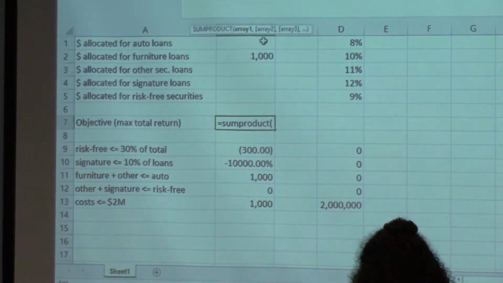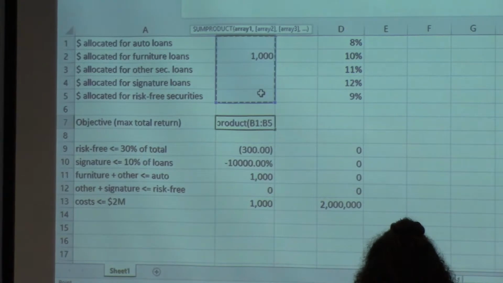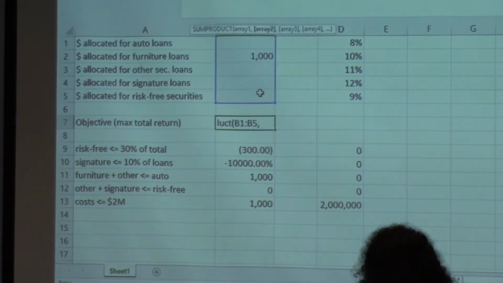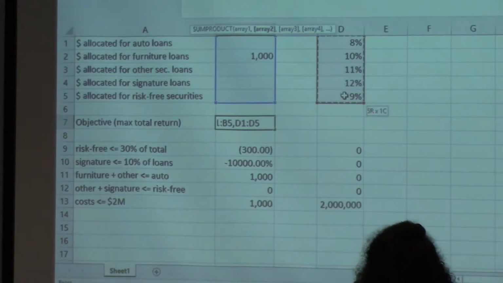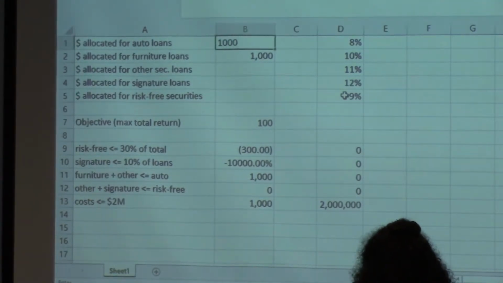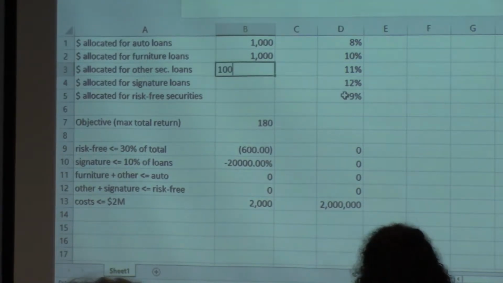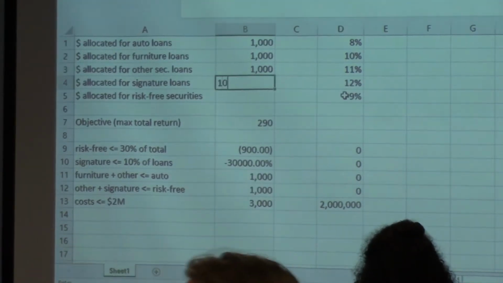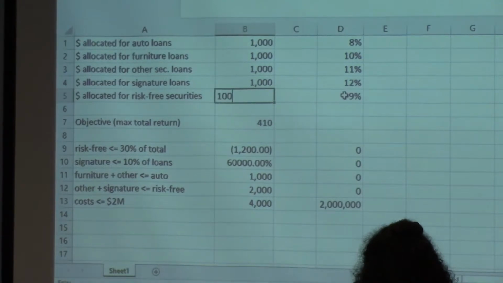So what I'm going to do here is take array 1, which is the amount that we're going to put into our loans, put a comma, and then highlight this second array right here. So I only have to do those two things once. And so now we can see what happens if we do $1,000 for each of these things.